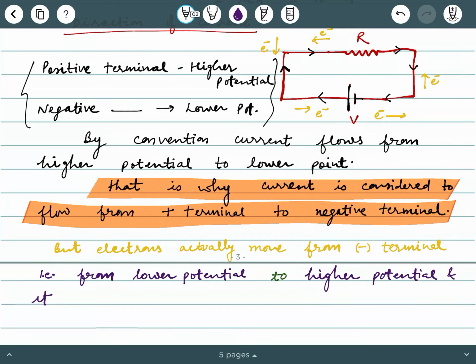And it is the direction of electronic current.